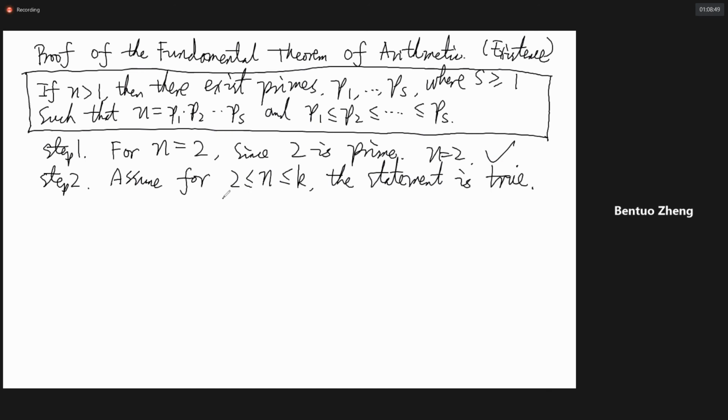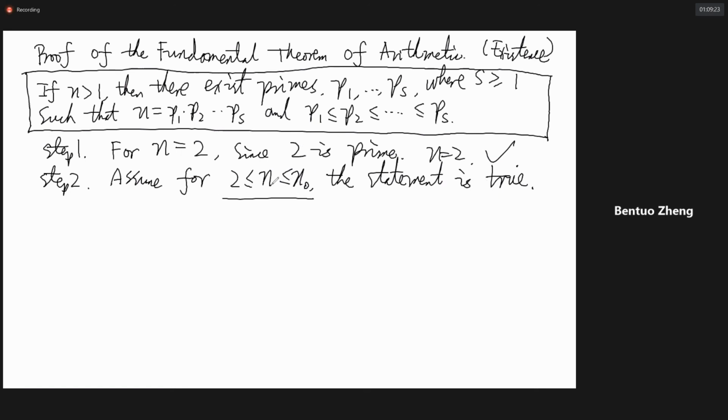Okay, so if you look at this assumption, this is a variation of mathematical induction. The standard form of mathematical induction is to assume for n equals n0 that the statement is true.